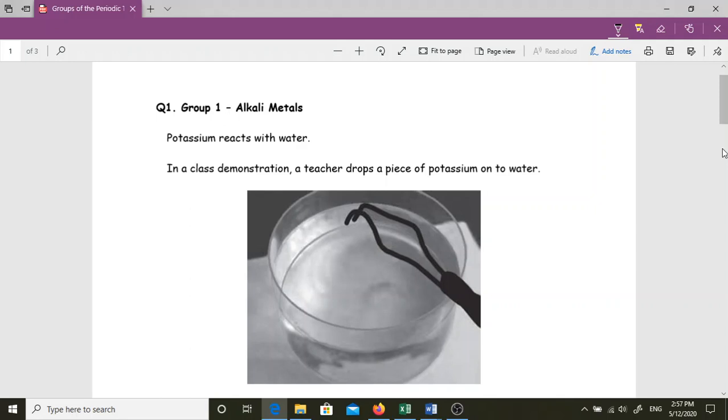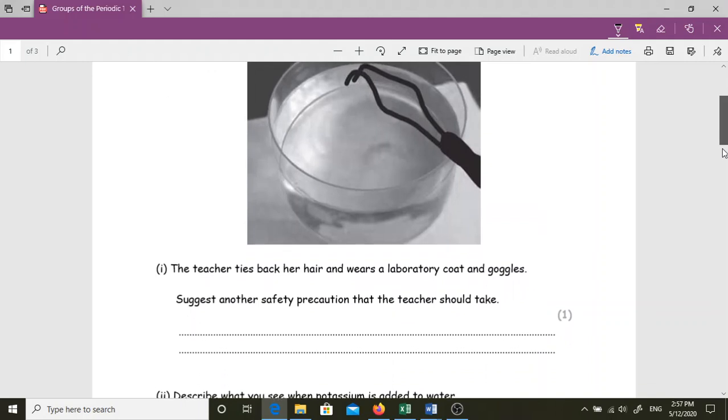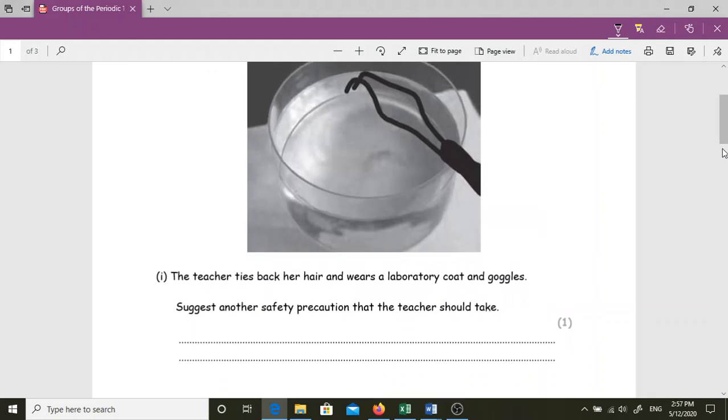Potassium reacts with water. In a class demonstration, a teacher drops a piece of potassium onto water. Then the first question here is, the teacher ties back her hair and wears a laboratory coat and goggles. Suggest one other safety precaution that the teacher should take.